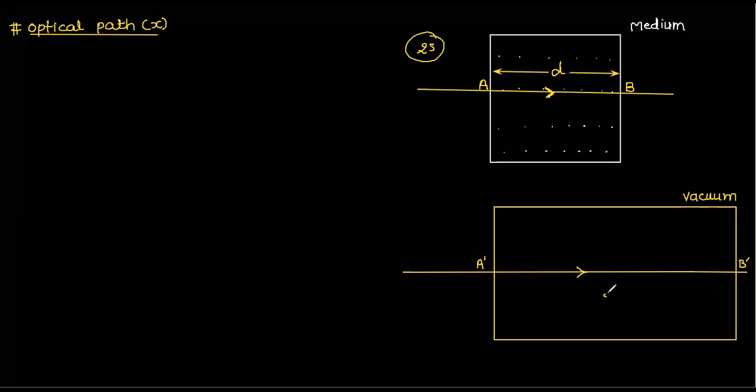And this distance also 2 seconds. So now the distance traveled by a light ray in a vacuum in the same time interval as that of the medium, this distance is called your optical path.